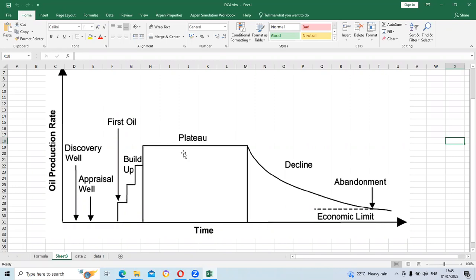But this Arps equation is the simplest type of equation that was developed in 1945, and that particular equation is valid only when we have boundary dominated flow and the bottom hole flowing pressure does not change. If we have a variable bottom hole flowing pressure, that particular equation also is not valid.